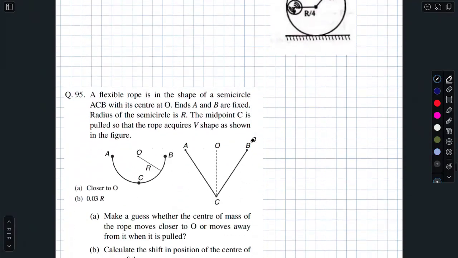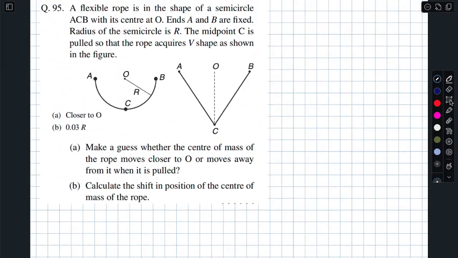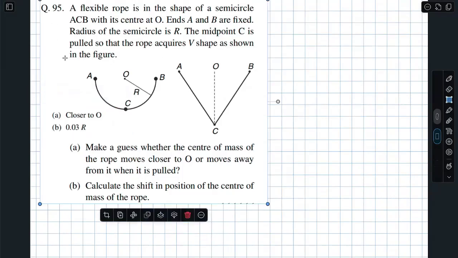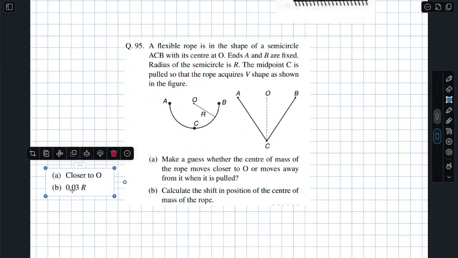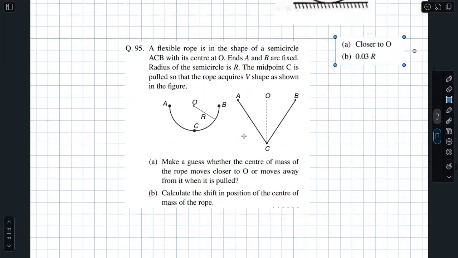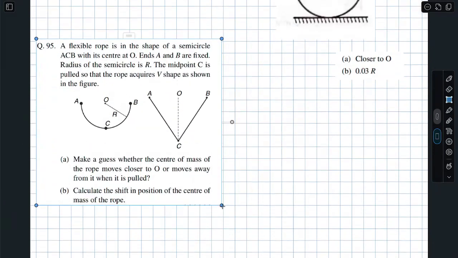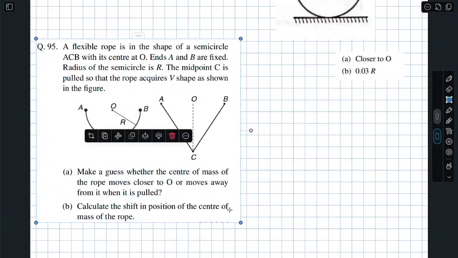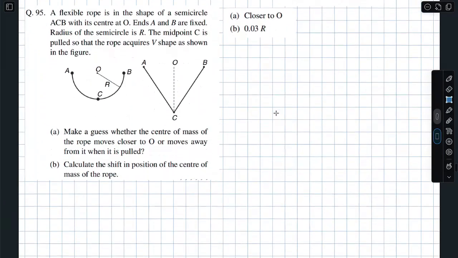Yes, this is a very good question, actually. Read the question carefully.